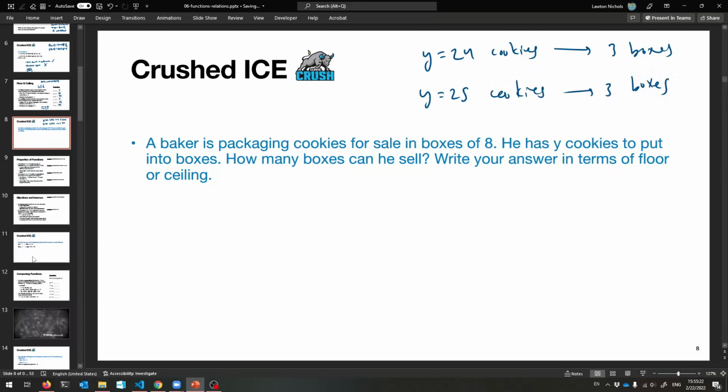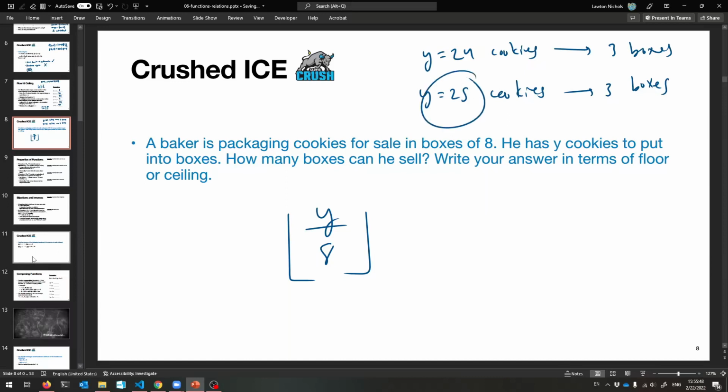He's going to have 1 cookie left over that can't fit in a box. Does that make sense? So he can always sell y over 8 boxes, but if there are any left over, there will be decimal places with that, and we can't have any of that, okay? So we take the floor. Does that make sense? That is how many boxes the baker can sell.